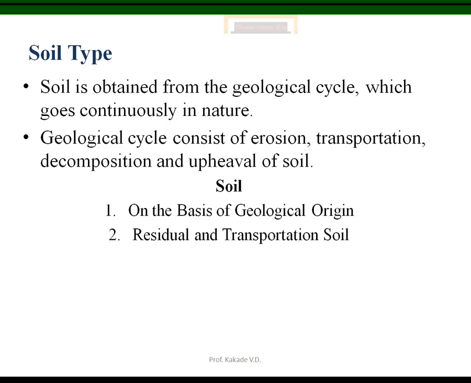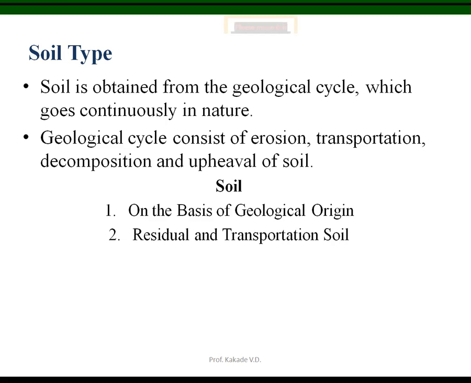What is the geological cycle? First of all, rocks are formed. Afterwards, due to physical and chemical reaction or weathering, decomposition of the rock happens and soil is produced. The production of soil from rock is a very long process.